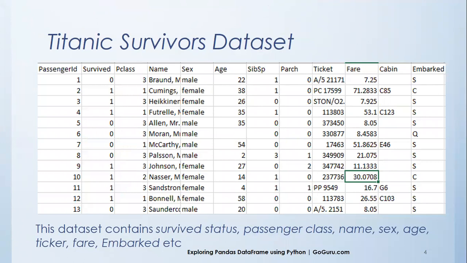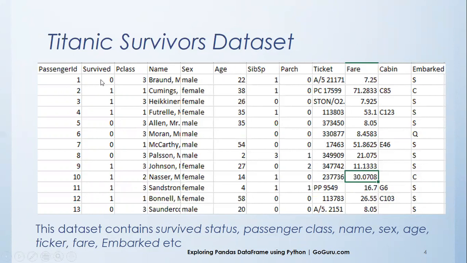And the data set, we need something to try out our sample commands, right? So for that, we are going to use the popular Titanic Survivors data set. I'll show you the link where you can download it after the course is over. It has different fields, like the passenger ID, the passenger name, sex, age, and then there is a survived column, which has a 0 and 1.